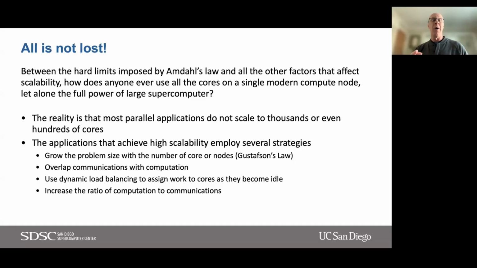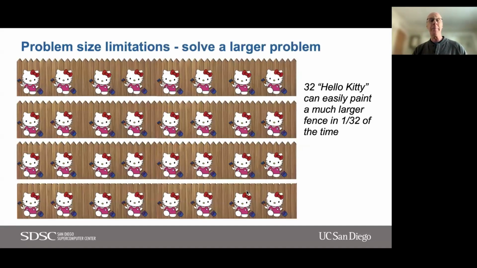Also, there are ways that you can achieve higher scalability: growing the problem size, overlapping communication with computation, dynamic load balancing, and I don't get into this last bullet, but this is doing a computation where you have more computation relative to the communications.